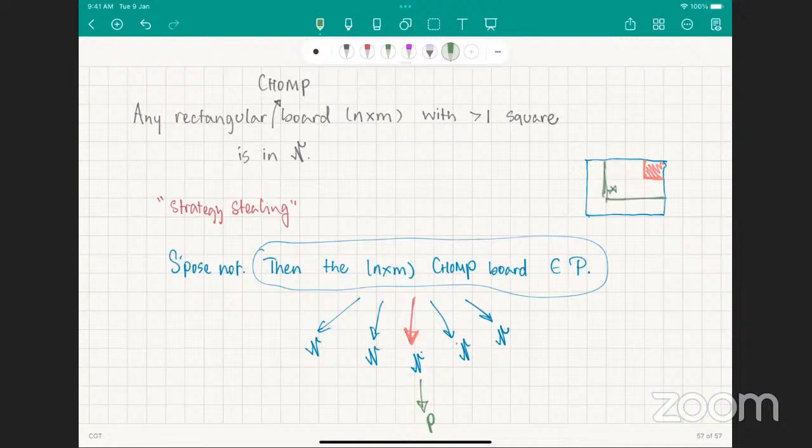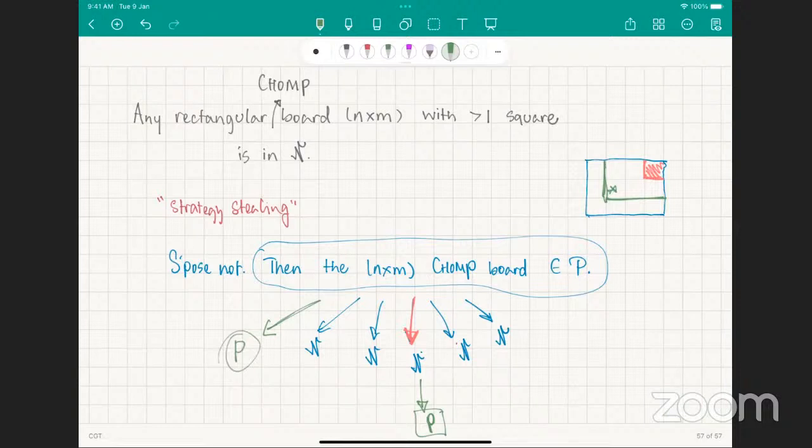But notice now that this state here is actually accessible from the starting state. So you can actually choose to get rid of this also in the first step. And if you know that that state is winning for the other player, then that's a state that's reachable right from the beginning, right?